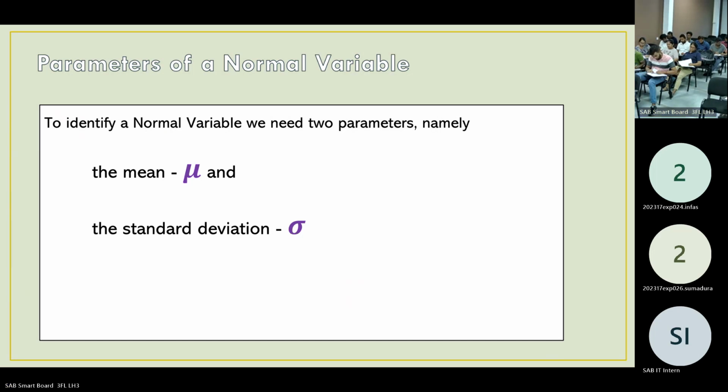A normal variable, with normal distribution, has two parameters: the mean and the standard deviation.